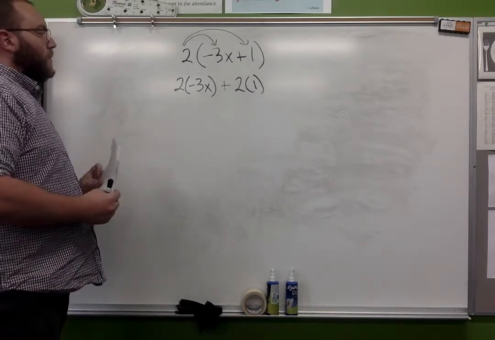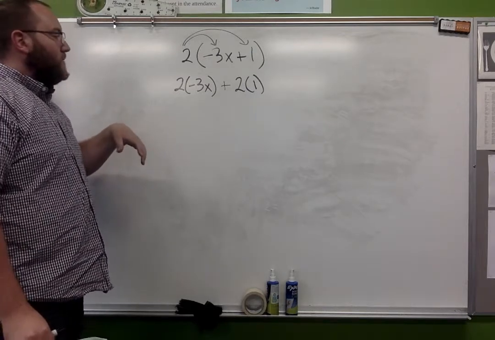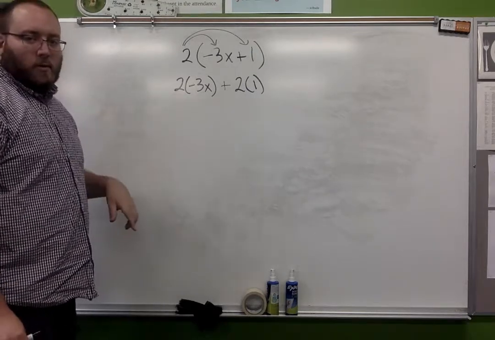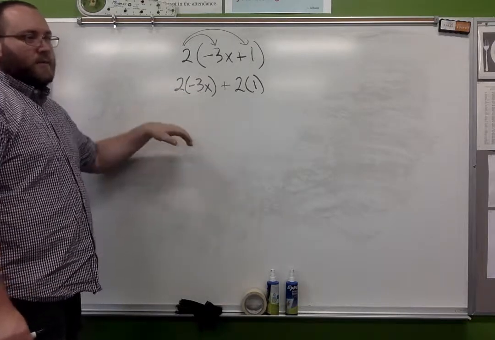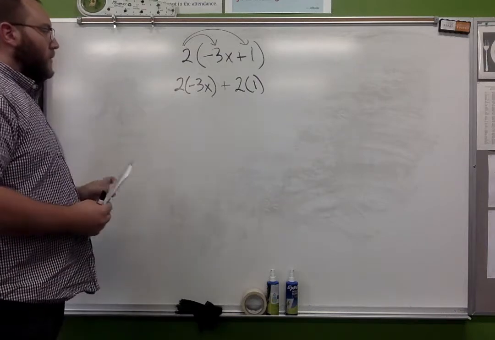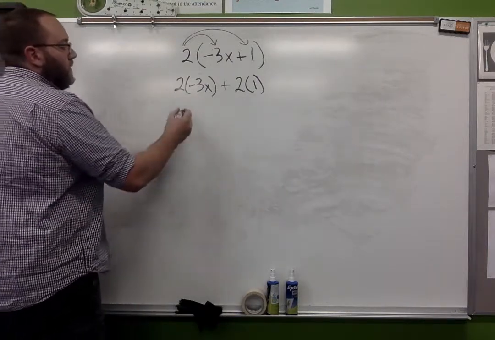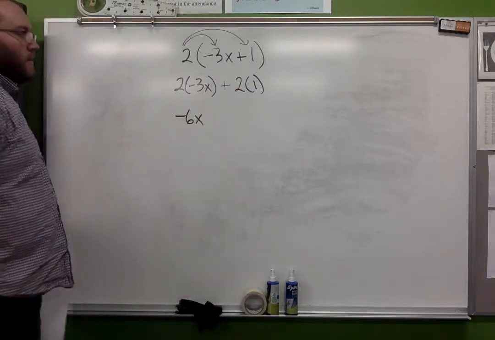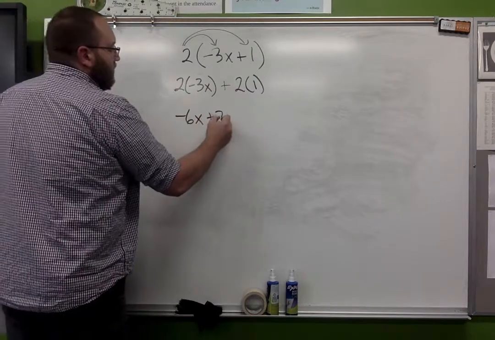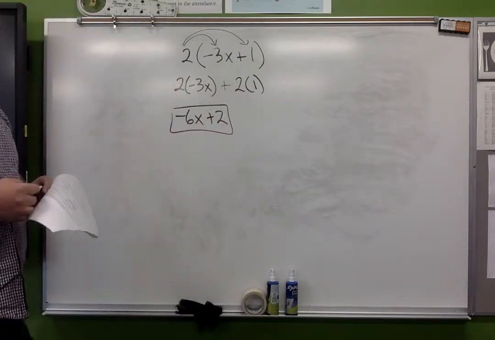But it's extremely important. Commutative property just means it doesn't matter what order you multiply, right? 3 times 4 times 2 is the same as 2 times 4 times 3. It doesn't matter the order. So we can do 2 times negative 3, which is negative 6, times x, negative 6x. And then 2 times 1 is 2. Bam, we're done.